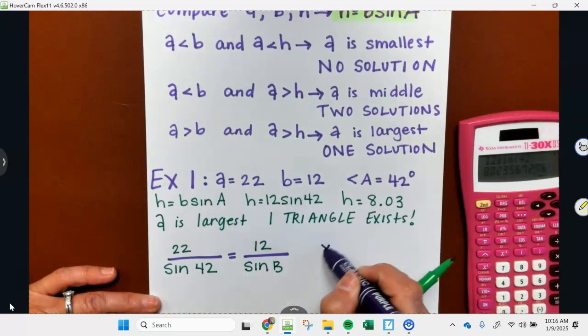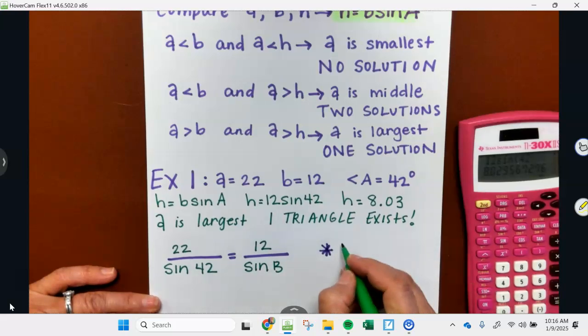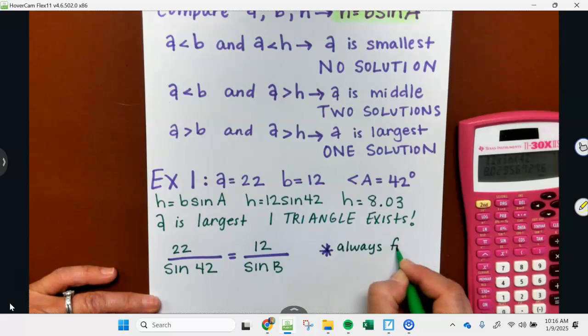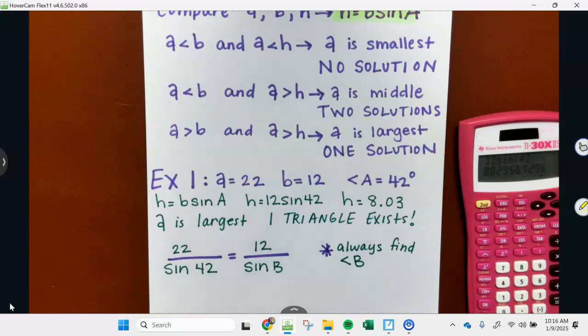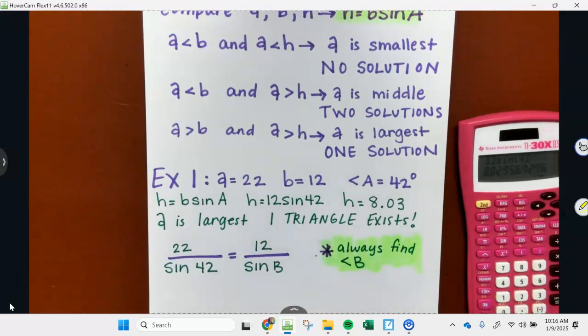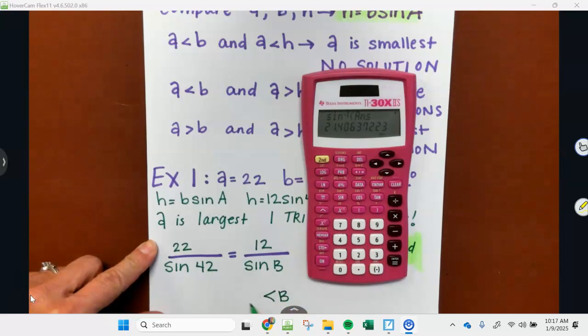So remember, the first step is to always find angle B. So angle B equals 21.406 degrees.